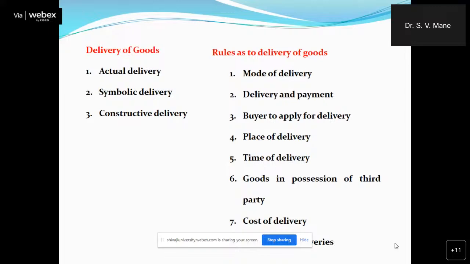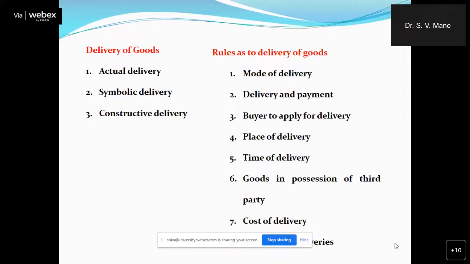The rules regarding delivery of goods are: mode of delivery, delivery and payment, buyer to apply for delivery, place of delivery, time of delivery, goods in possession of a third party, cost of delivery, and lastly, installment deliveries. So these are the types of delivery by which the seller performs their duties and responsibilities toward the buyer.